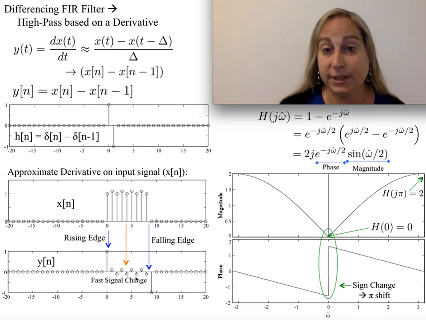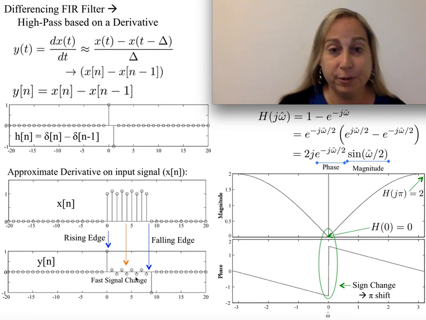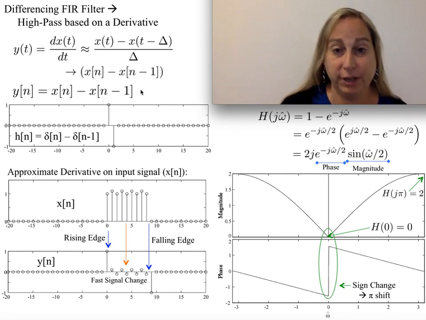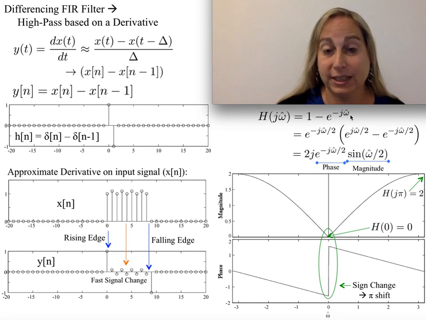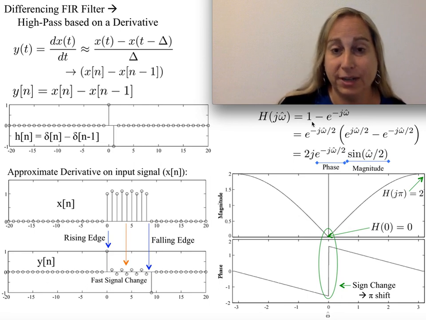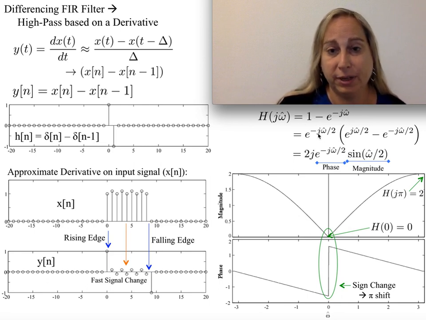Now, fascinatingly, I can ask, what is the frequency response? Again, I can take this difference equation and pull it across to over here. If I know something about z transforms, I know that there's going to be a z to the minus 1, and that z to the minus 1 converts to an e to the minus j omega in the frequency response. And you're like, great. Now, how do I approach the rest of this? Well, that turns out to give me this term. I'm going to pull out e to the minus j omega over 2, because that'll give me effectively my phase term.